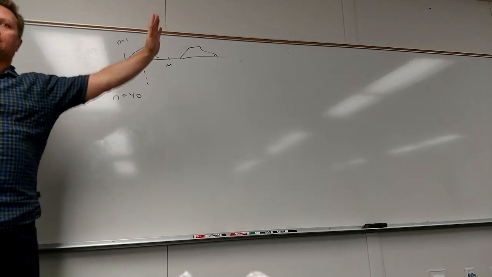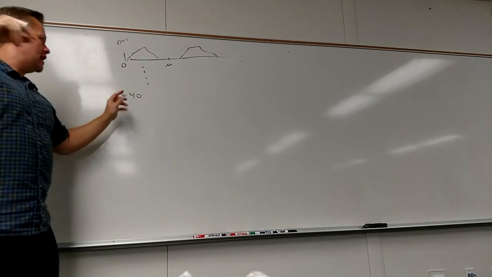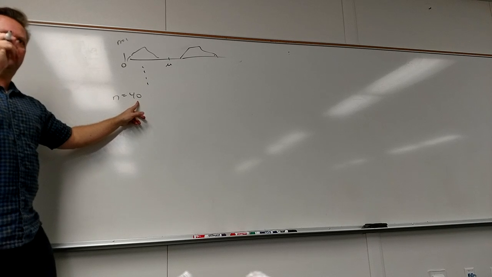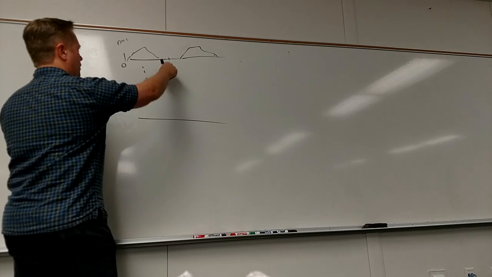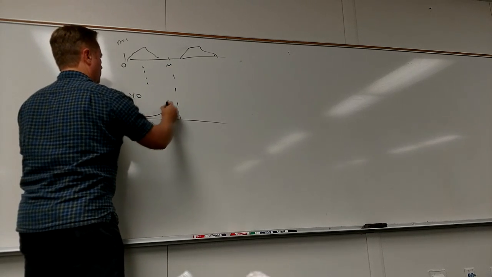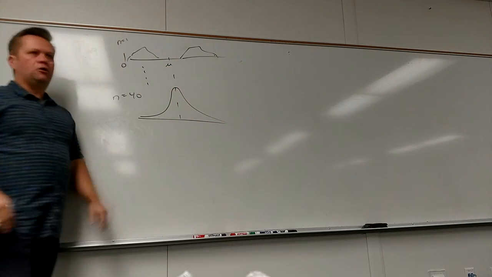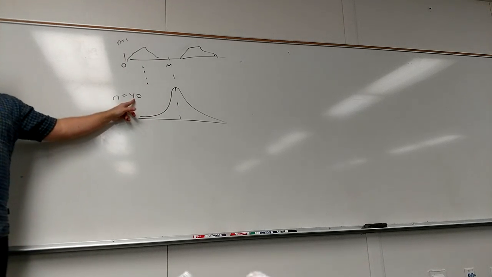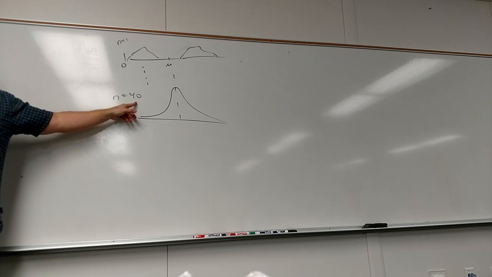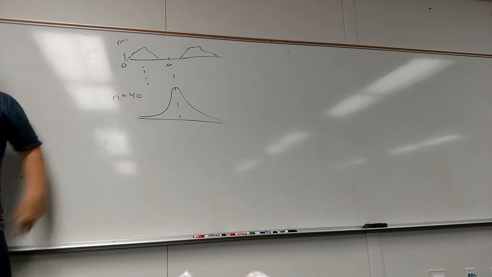I have no idea. If I take every group of 40 people and plot all those means, then the result will be normal enough. All you need, if you remember from last time, is a sample size bigger than 30.